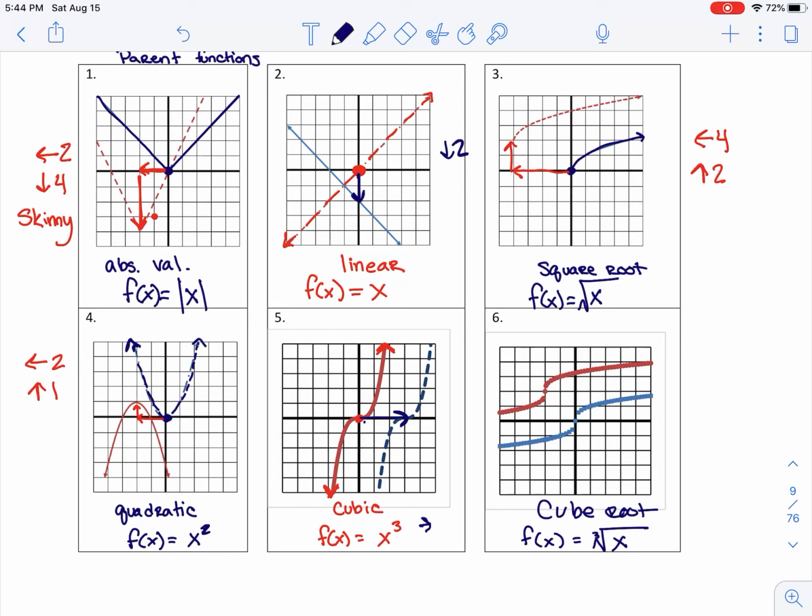And we move right 1, 2, 3 points. Then on number 6, our original is the blue. To get from the blue to the red, we need to move left and up. We move left 2 and up 2.